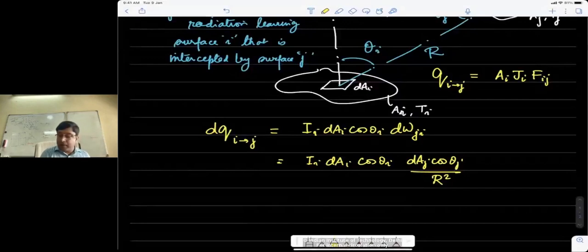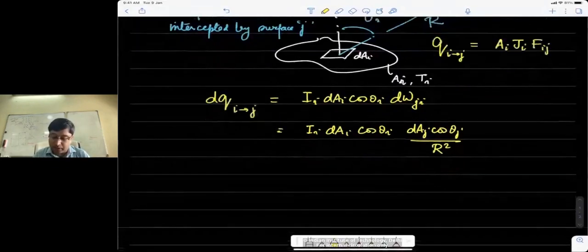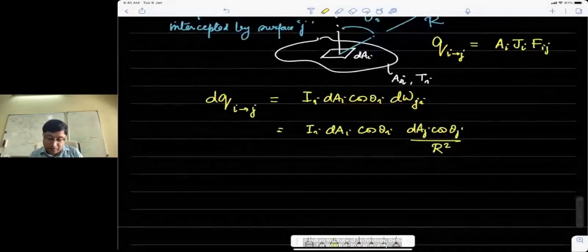Now we'll make an assumption here, which would be required to keep the analysis simple, so that we can do at least some estimation.